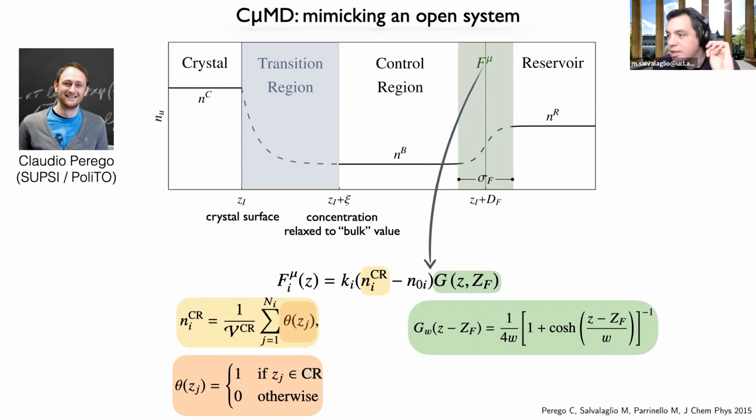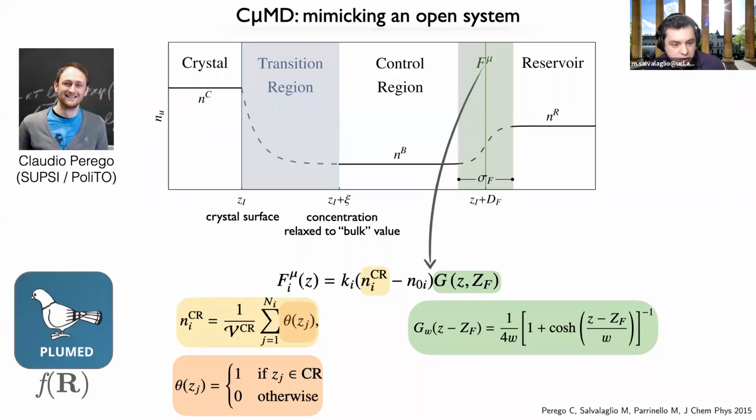The point is that this is a different application of the flexibility enabled by Plumed, but it's based on very similar principles, because once again Plumed is used to apply forces that are nothing else than functions of the atomic position of the atoms in the simulation box.